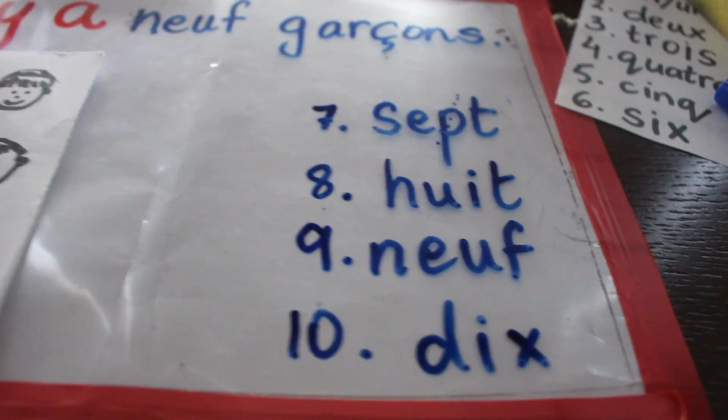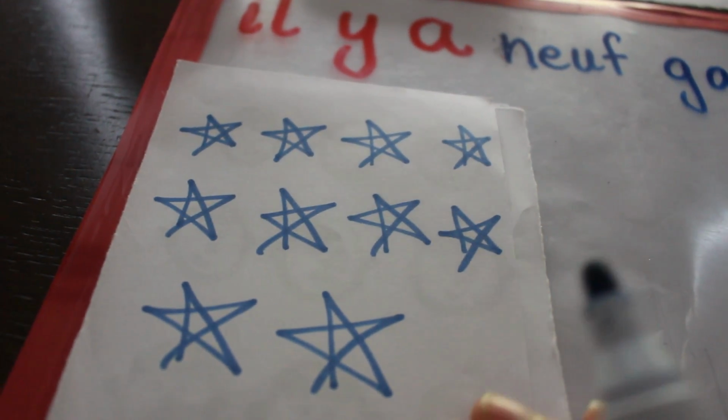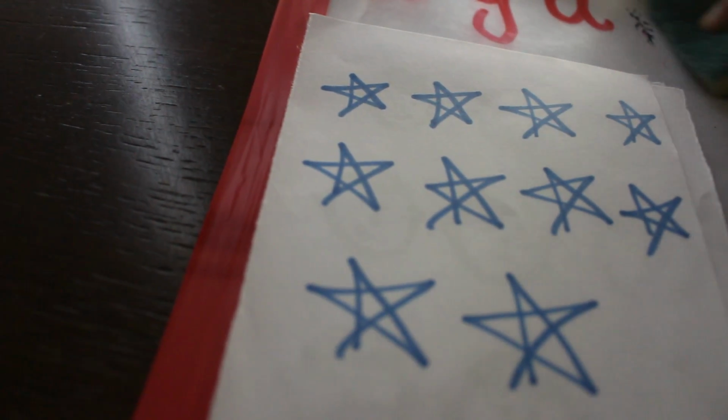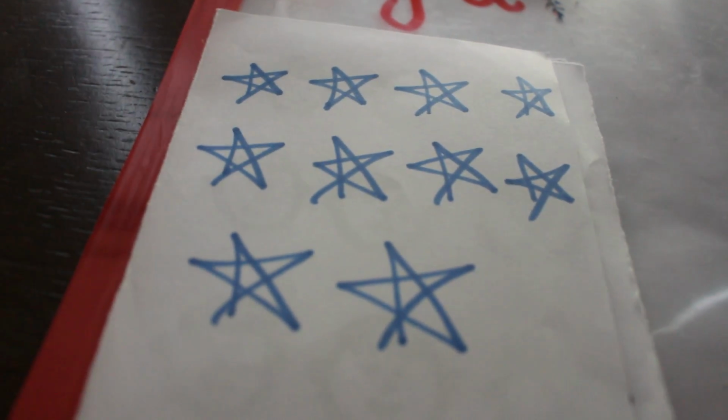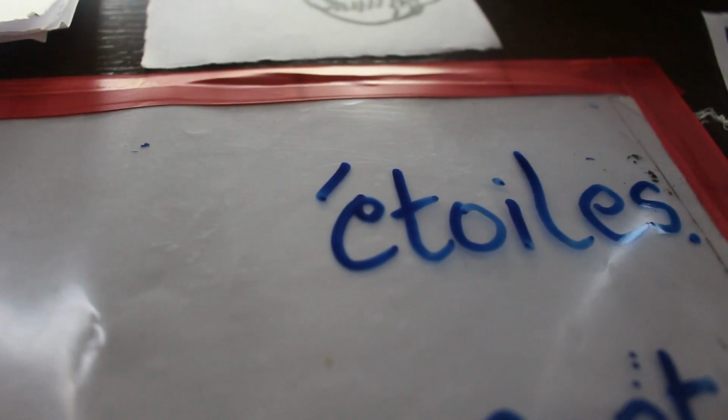Il y a 10. And let's see what we have. Voila. Do you remember the word for star? We did it last time. The word for star is étoile, with a silent E and an S, because you're going to talk about stars.